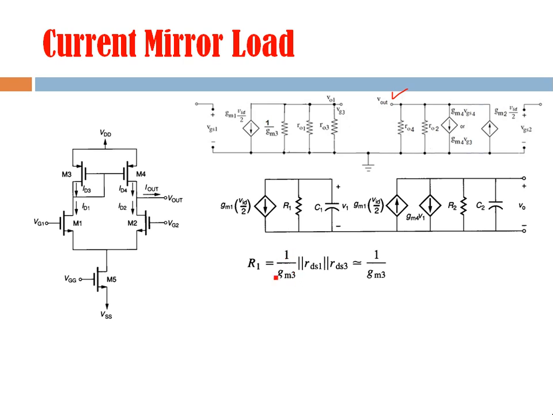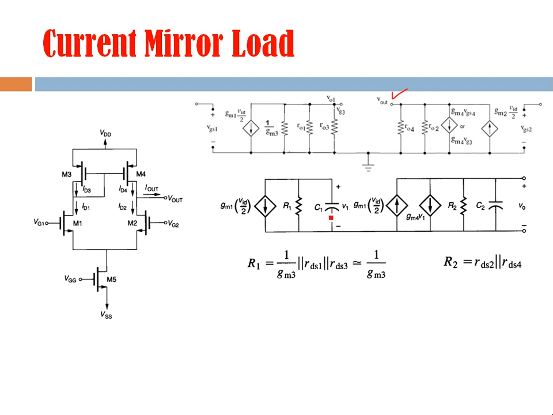So 1 by gm3 is very small as compared to this. In a parallel combination, the smallest resistive part dominates. So this R1 will be given mainly by 1 by gm3, and here this R2 is the parallel combination of these two resistive components. It is written like this.